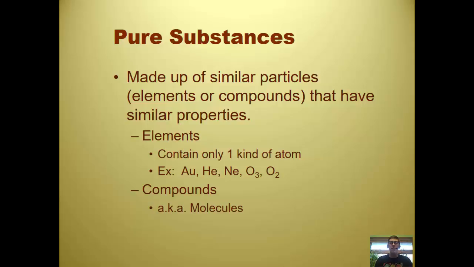Compounds are molecules. They could be carbon dioxide, copper sulfate, sugars, aspirin, water, but these are all chemically combined elements. But you notice there are more than one type of atom in each compound, but both of them, elements and compounds, make up pure substances.